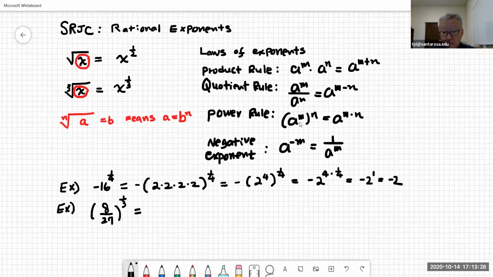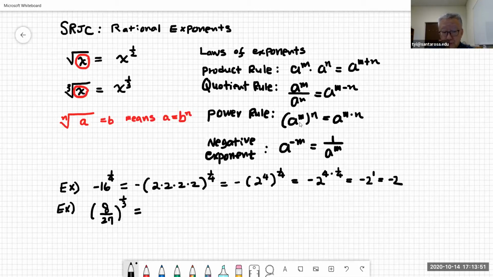You can rewrite them as radicals, but there will be times you want to do that, but it's not a good practice. So we're just going to stay with the rational exponents.